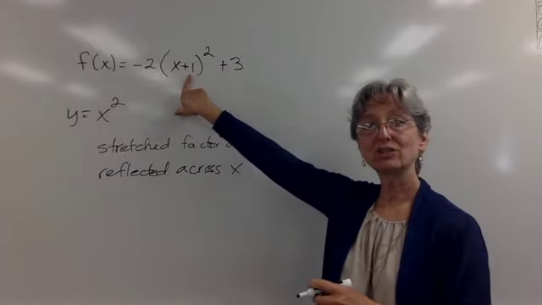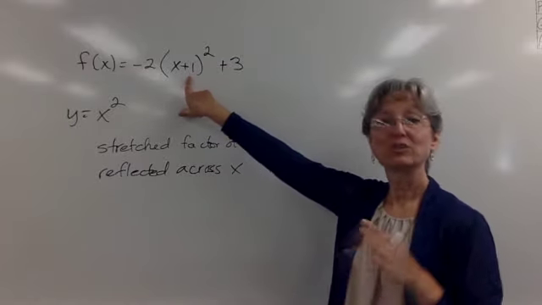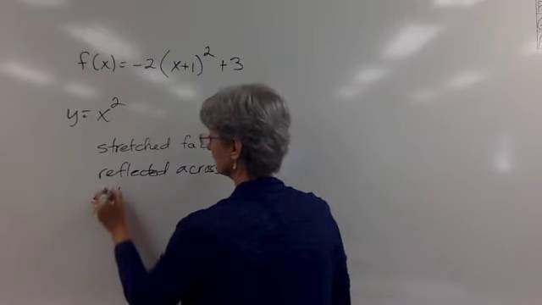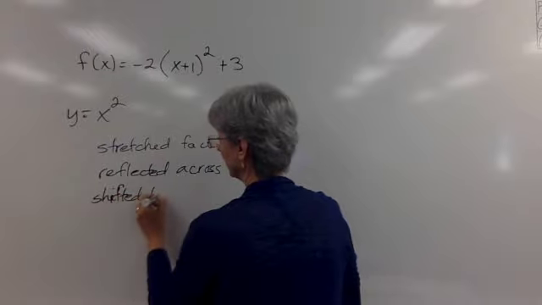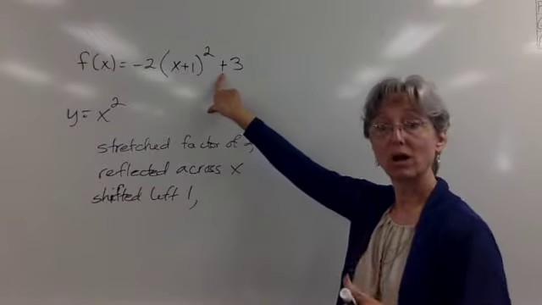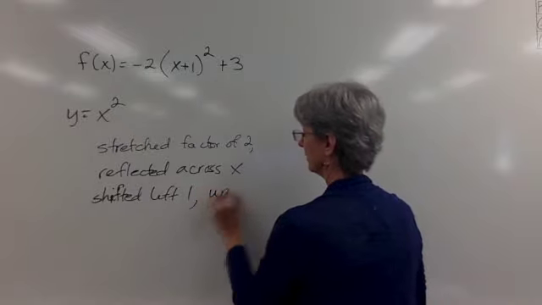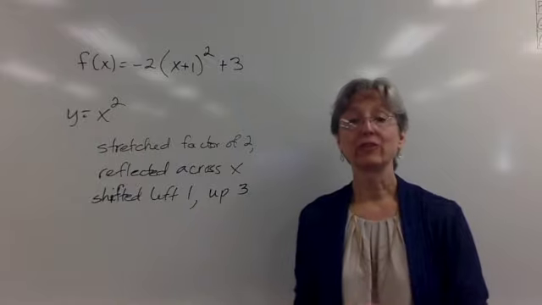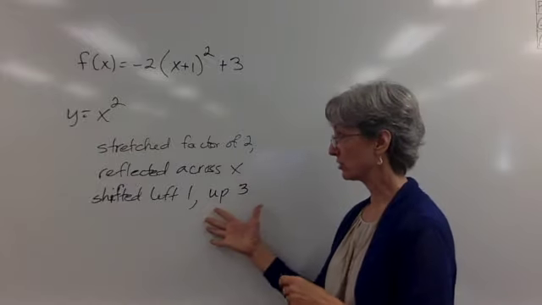This right here shifted it which way? To the left 1. Shifted to the left 1. And positive, so up 3. You could write shifted or translated. And all of those transformations took place.